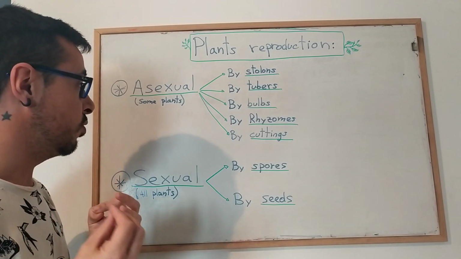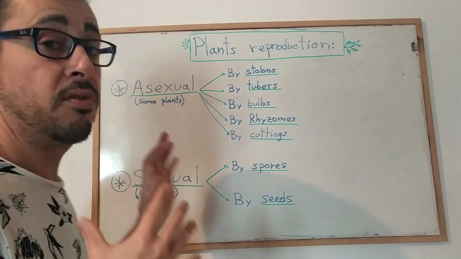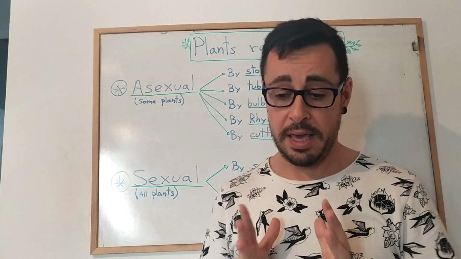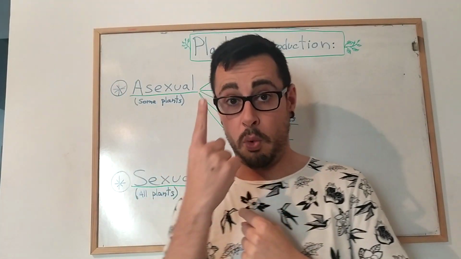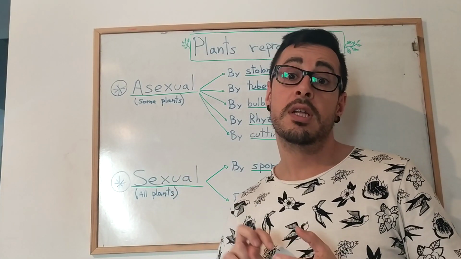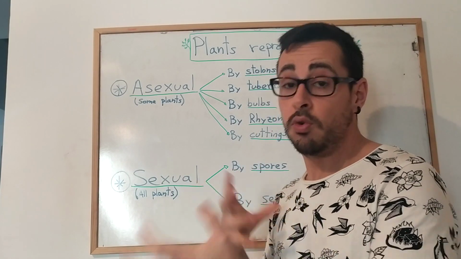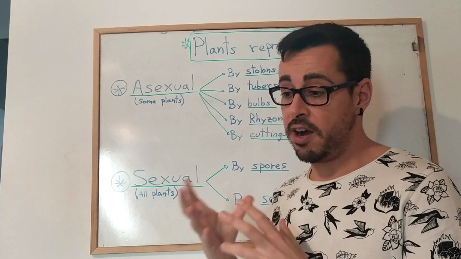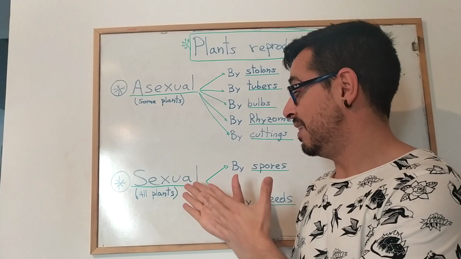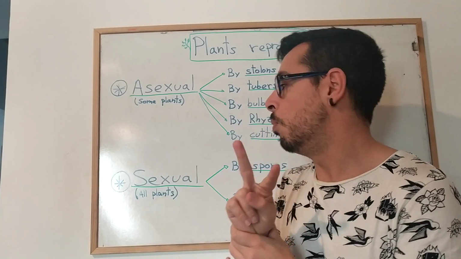I'm going to remind you, okay, that in asexual reproduction only one individual takes part, and in sexual reproduction two individuals take part, and the new individual is going to have characteristics of both individuals, a mixture of both of them.